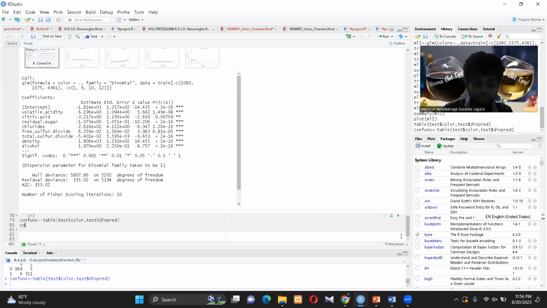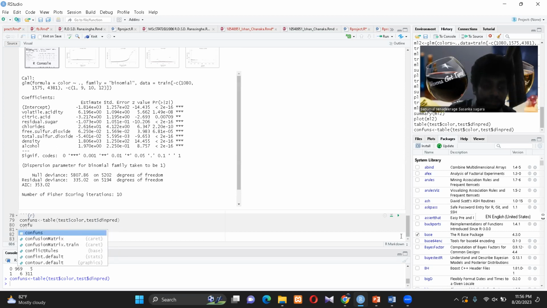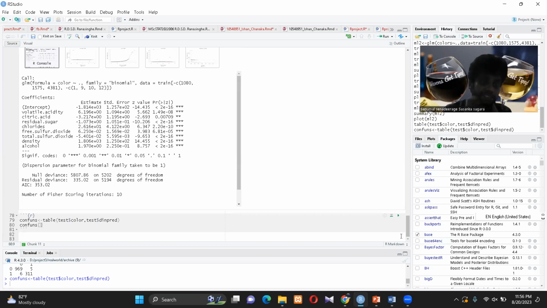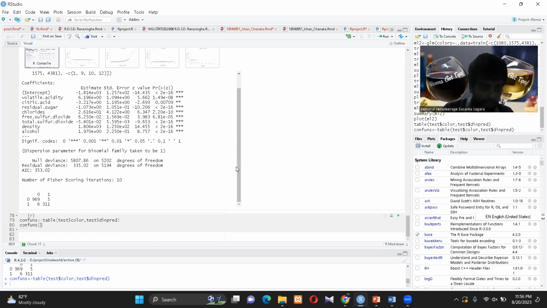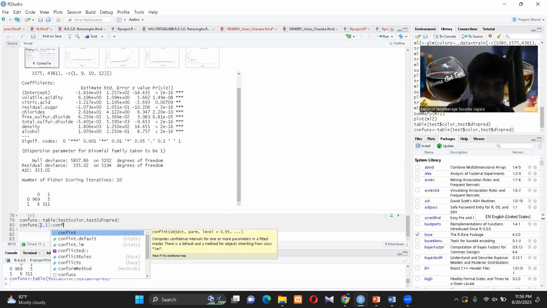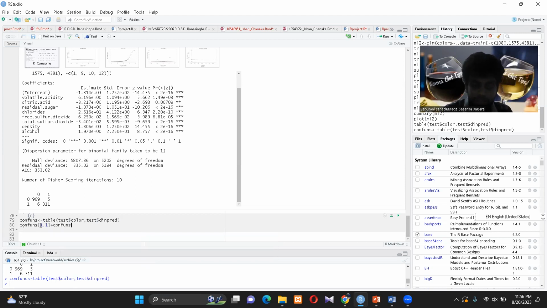Confusion matrix. This is how we can compute the accuracy, right? 1 comma 1, plus... I have written it as confounds.